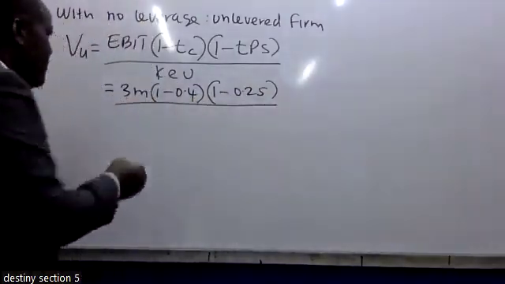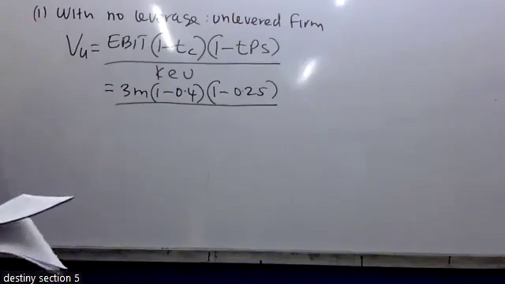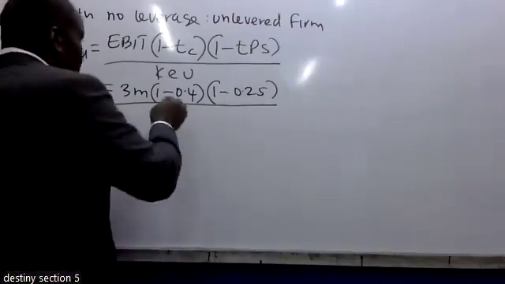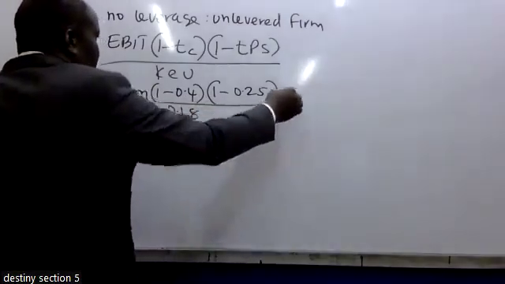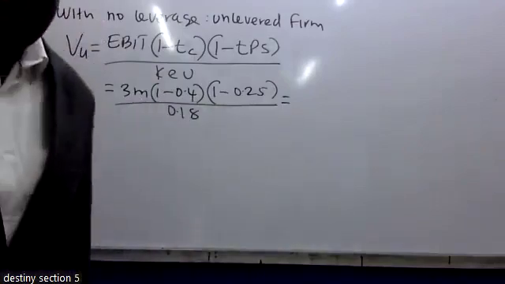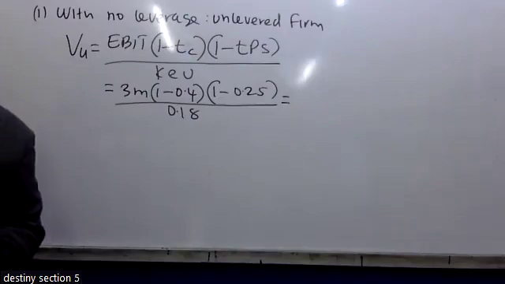We divide by KEU. KEU, you remember in part B, 18%, was the same as 0.18. So that one is not changing. That now gives you the value with no leverage, 7.5.